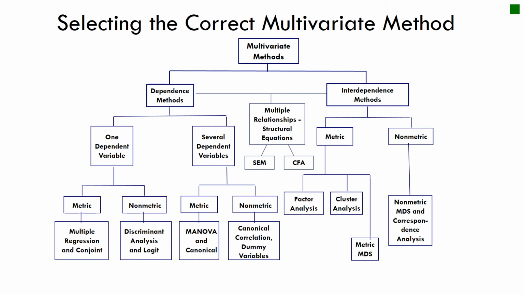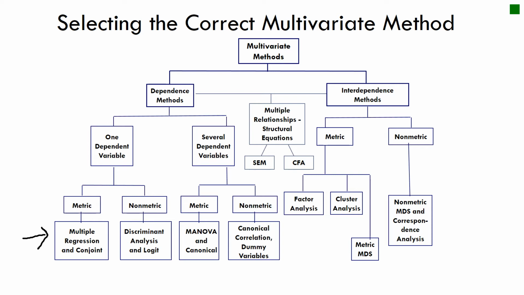As we progress through our review of different multivariate methods and techniques, this chart is extremely helpful in that it provides an overview of the different types of techniques, which will be seen down here at the bottom, ranging from multiple regression types of techniques all the way over here to multidimensional scaling, non-metric types of techniques, and so on.